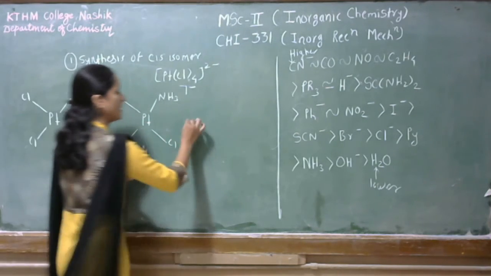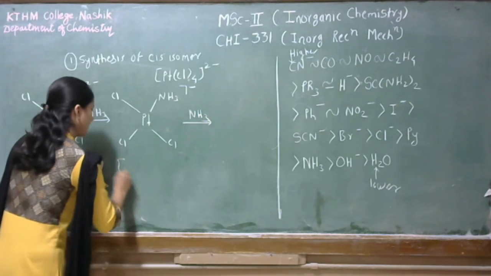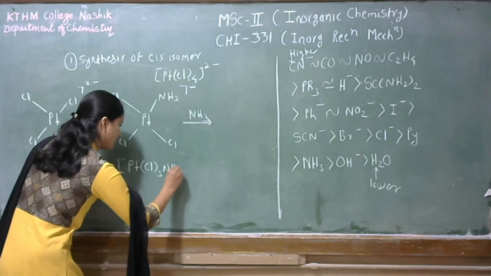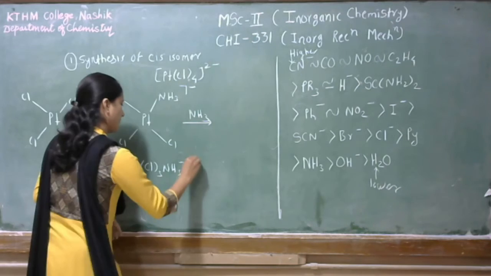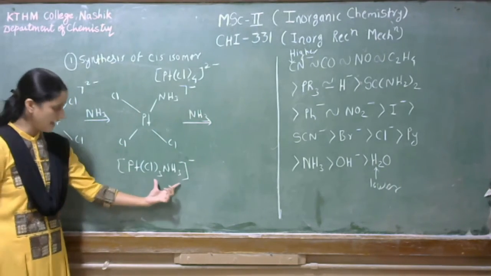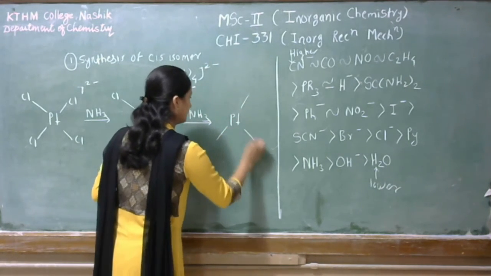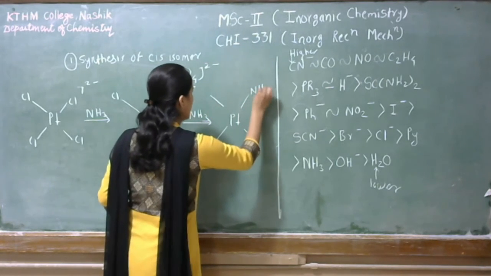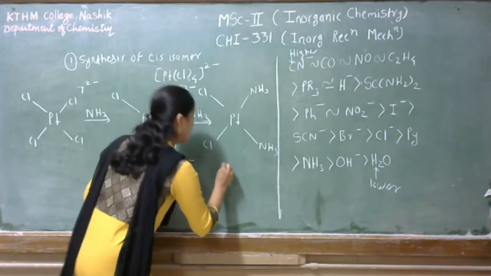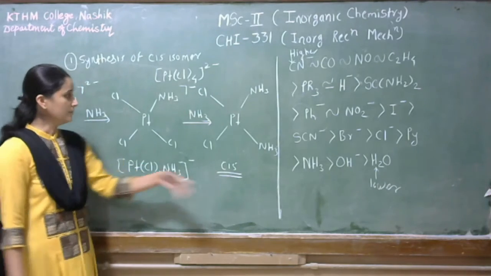Again, if we treat NH3 with this complex, that is PtCl3NH3, we will get the cis isomer. Why the cis isomer?